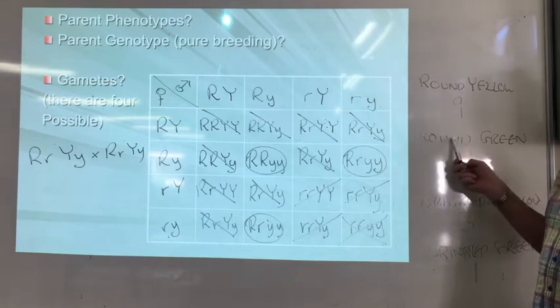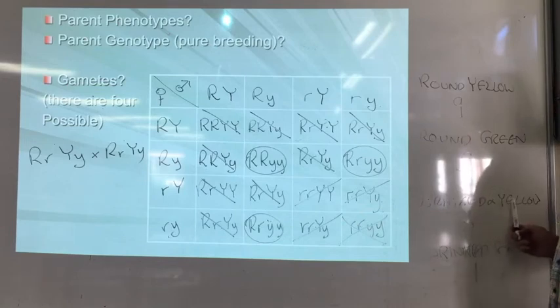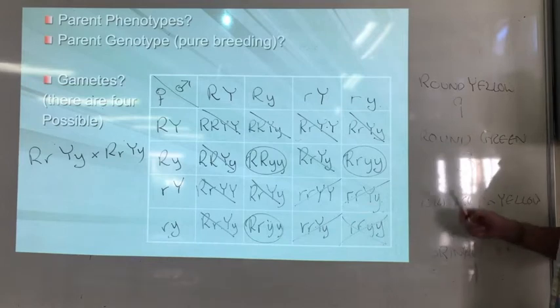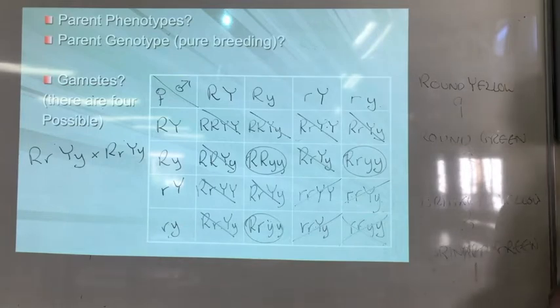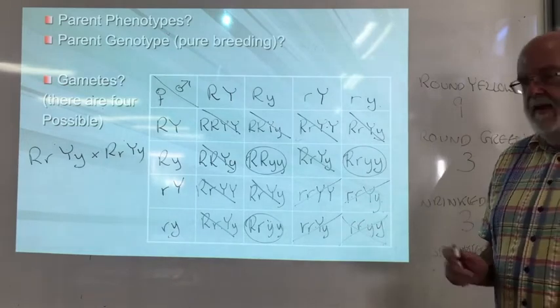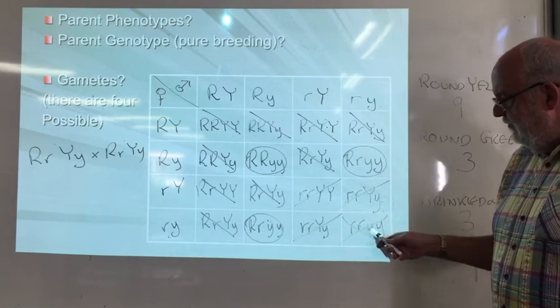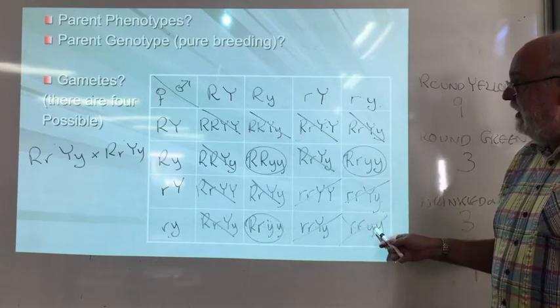For round and green, it must have a capital R but mustn't have a capital Y. For wrinkled and yellow, it mustn't have the dominant allele for the shape, but it's got the dominant allele for the colour, so it's got a capital Y. And finally, the one that's going to be recessive is homozygous recessive, because it's got both the same recessive allele for the shape and for the colour.